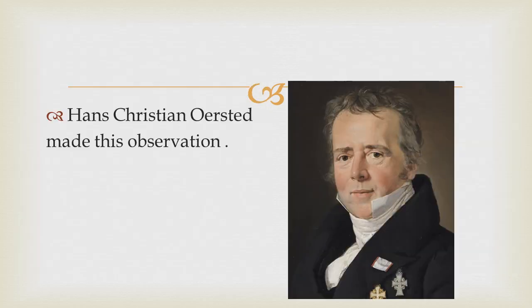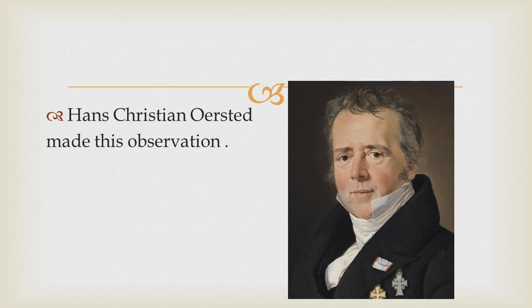And you have also observed that the magnetic needle changes its direction when a current starts flowing in the circuit. This means that a magnetic field is created when an electric current flows in a wire. Hans Christian Ørsted made this observation first.